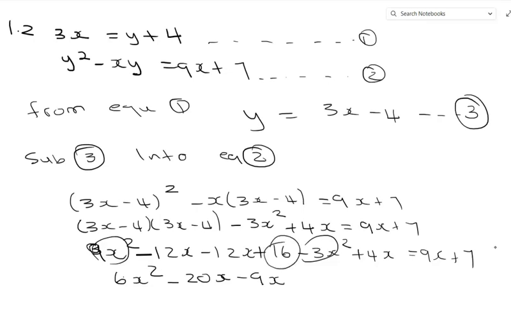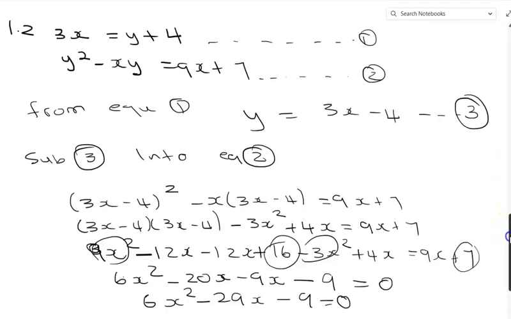So we're going to have 16 here and 7 here. Okay, so we're going to have 16 minus 7, and we're going to have negative 9 is equals to 0. So it's going to be 6x squared minus 29x minus 9 is equals to 0.